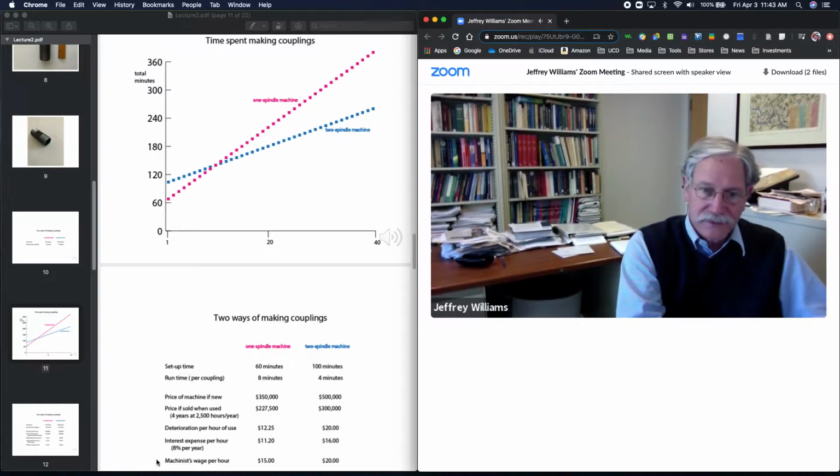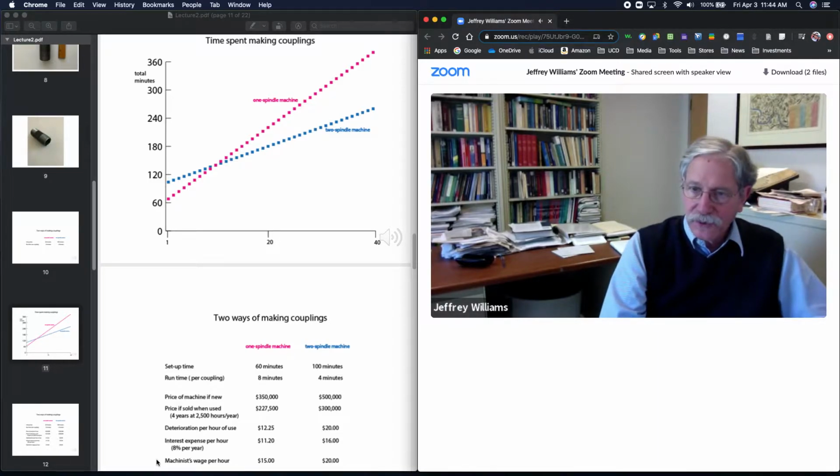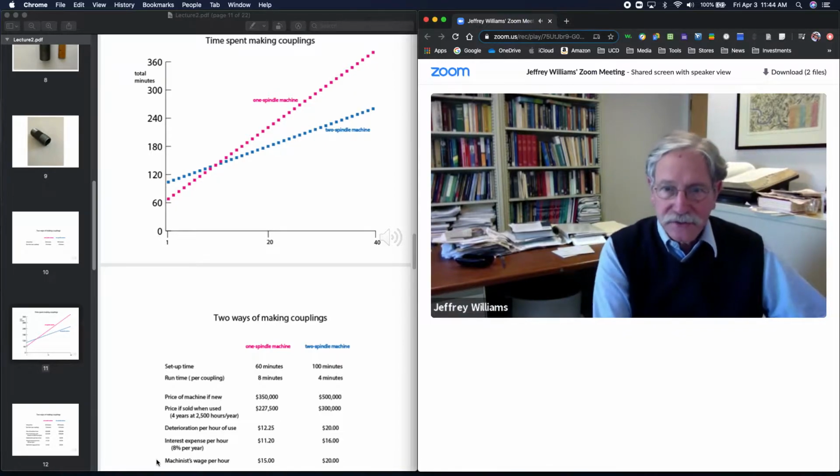So I made up a number here that the one spindle machine operator gets $15 an hour, and the two spindle machine operator $20. Obviously, that operator could also operate a one spindle machine, but presumably the ones scheduling this are looking at how to minimize costs would try to use the less expensive labor.